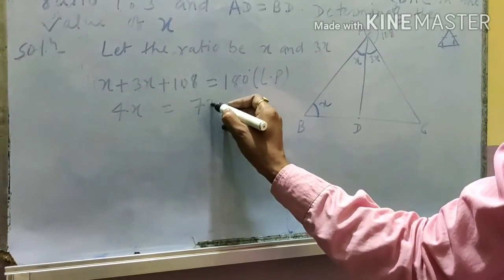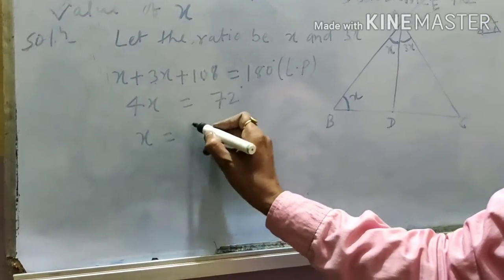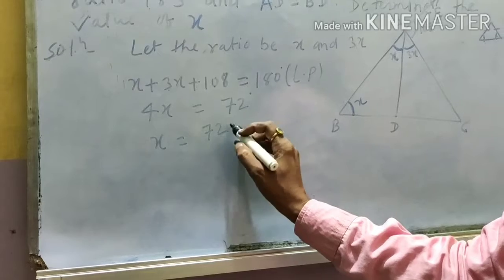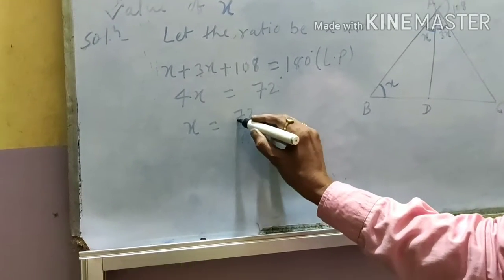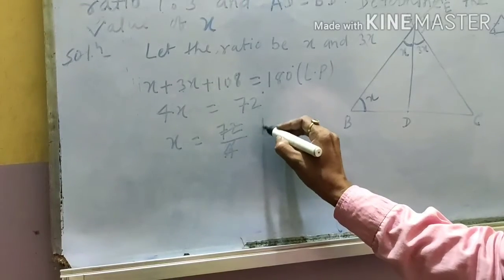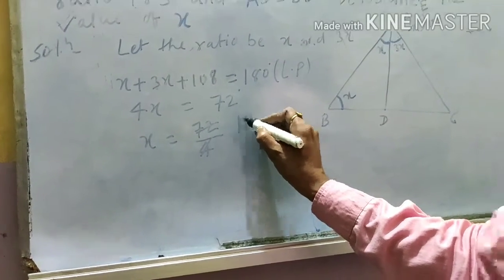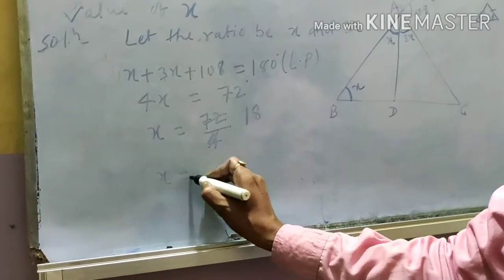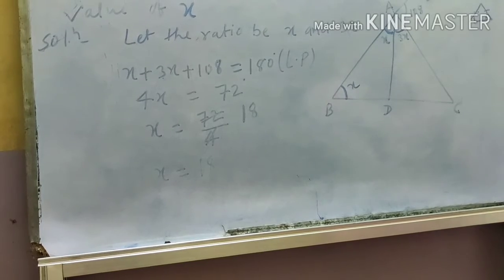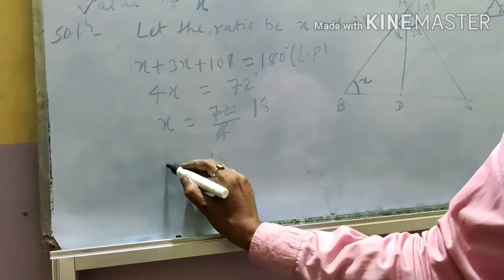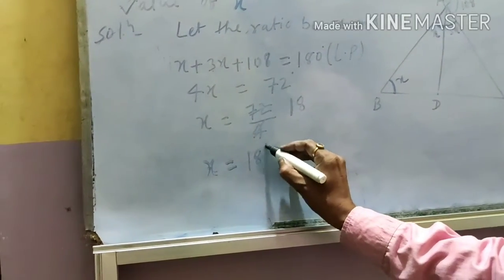So we can write here 72 degree. So x is equal to 72 divided by 4, which is 18. So x is equal to 18 degree.